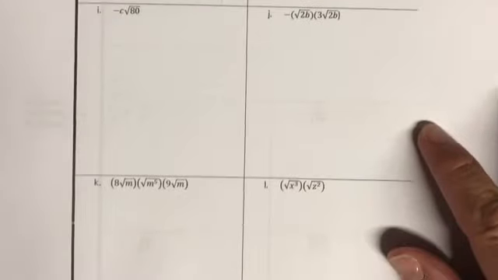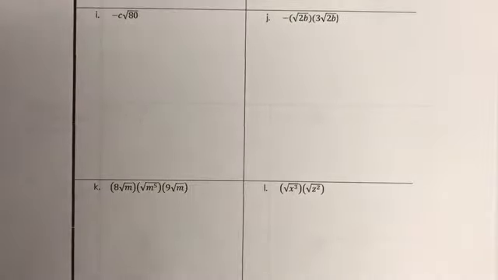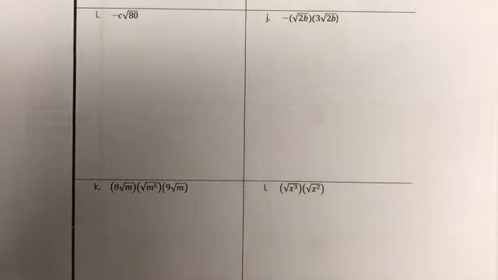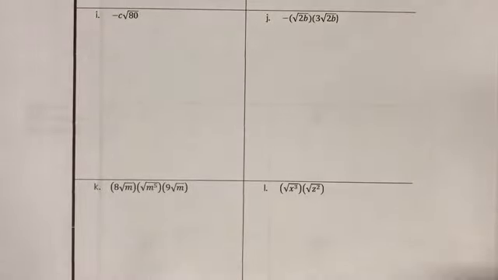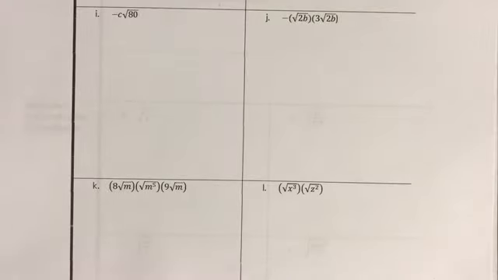Go ahead and look at I. Now, for the number 80, I want to take out the perfect square, because it's underneath the square root, so I want to see what's underneath it. I'm going to leave the negative c out here.